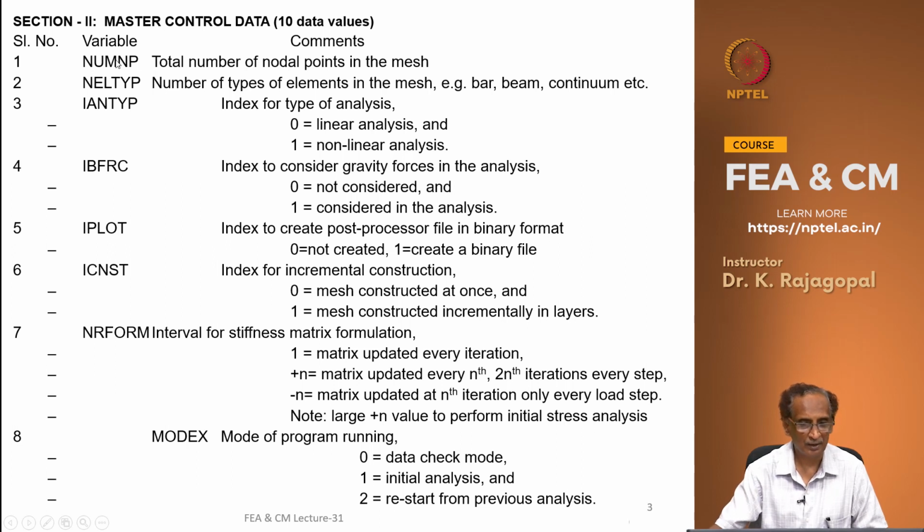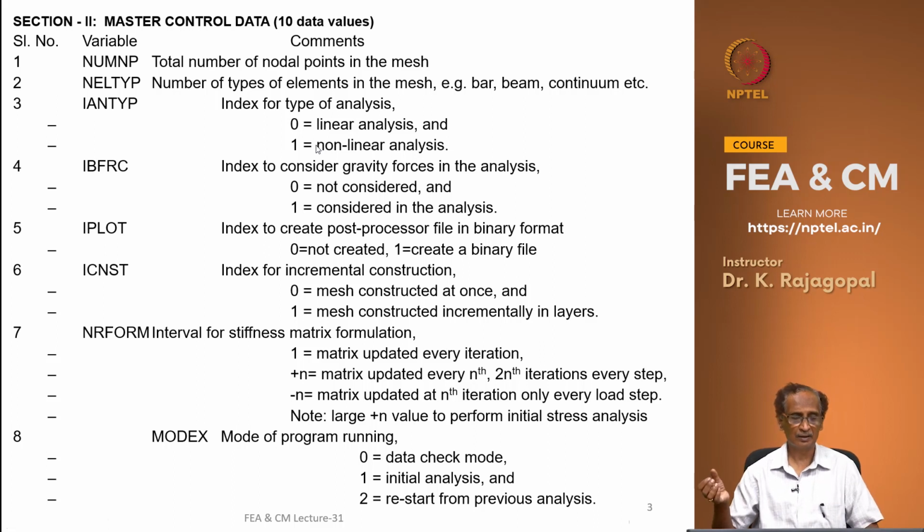Number of nodal points is the total number of nodes that you have in the mesh, and then the number of element types, and then the analysis type, 0 and 1. 0 is for linear elastic analysis and 1 for nonlinear analysis, and nonlinear including the elastic plastic and all these things.